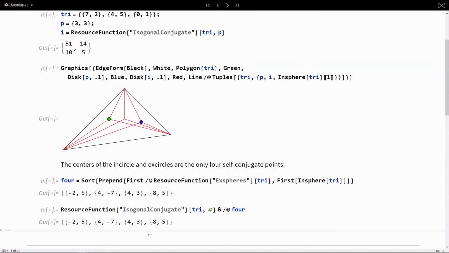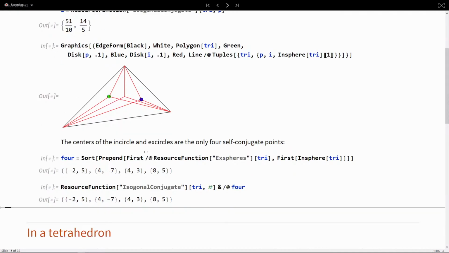They are self-conjugate points. And you can kind of see that because the N circle is based on the angle bisectors. If you basically take this point here and reflect it, you get the same point. And the X spheres have a similar property.